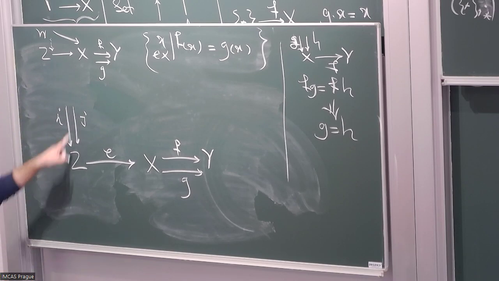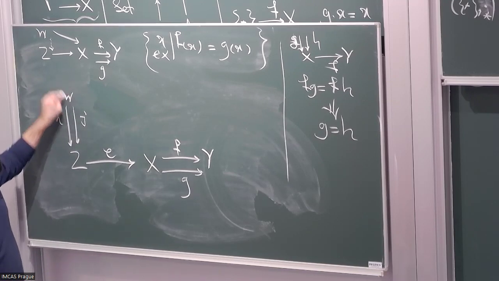Use this information to show that these two guys are equal if EI and EJ are equal. It could be a nightmare working with arrows, right? But it's not that hard.